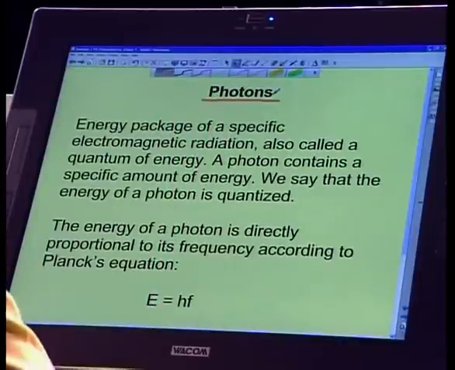photoelectric effect. In the first place, for us to understand light as having a particle nature, we need to understand that there will be small packets of energy carried by a specific light, or a light of specific frequency. Now, those specific packets of energy are called photons. All right?